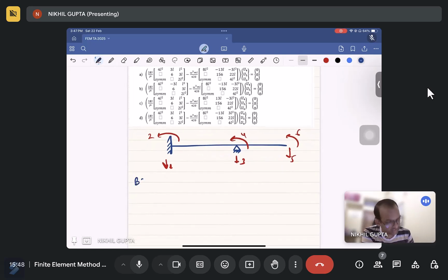So the boundary condition says that at fixed end A, the displacement will be 0, along with it the slope will also be 0, at x is equal to 0. At x is equal to L, the moment and shear force will be 0.